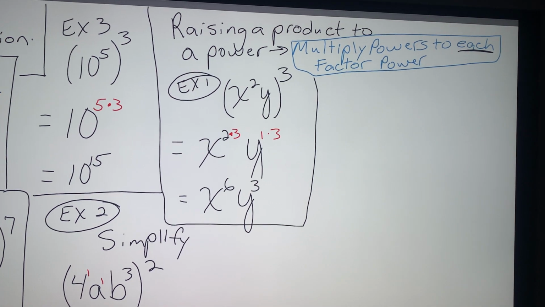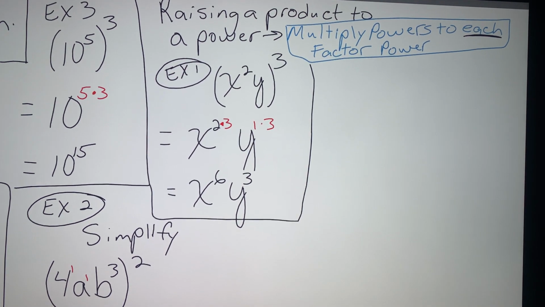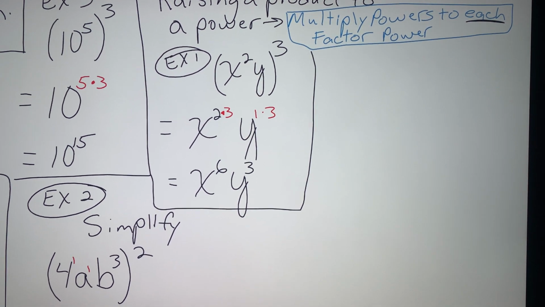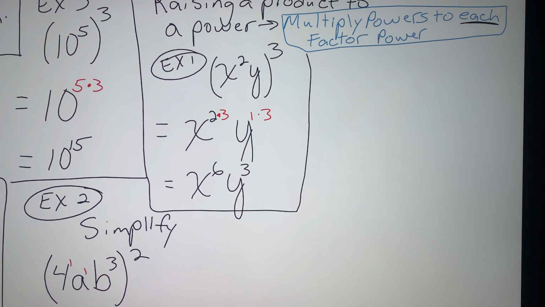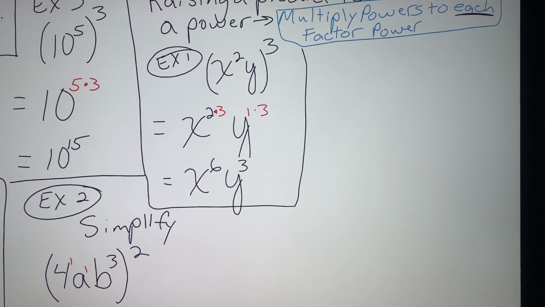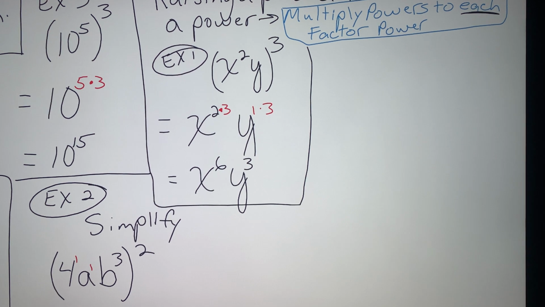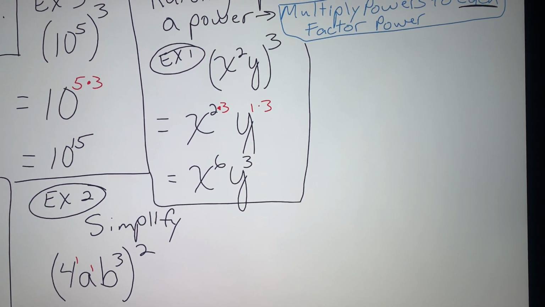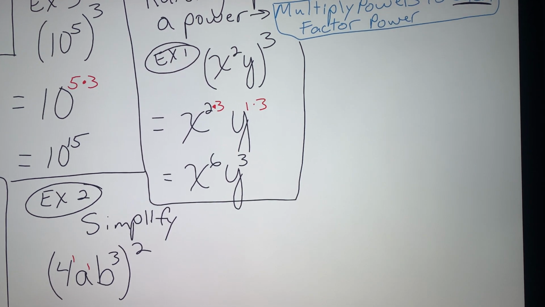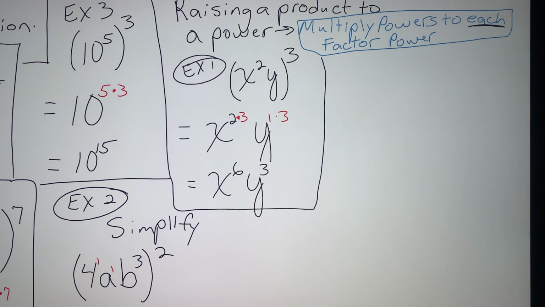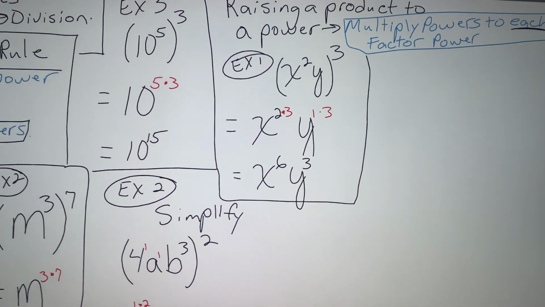So the power to a power rule will apply to both the x and the y, as long as there's multiplication between the x and y, which there is. So in that case, we get x to the second power times the third power, and then y to the first power times the third power, and then we see the result there.